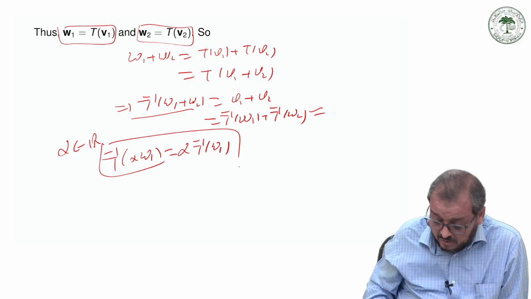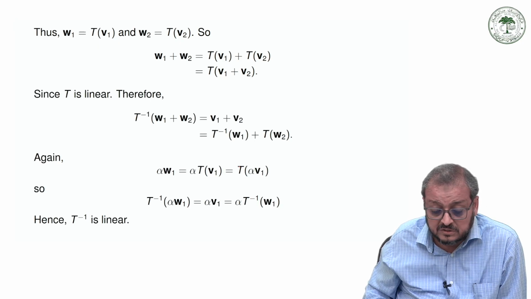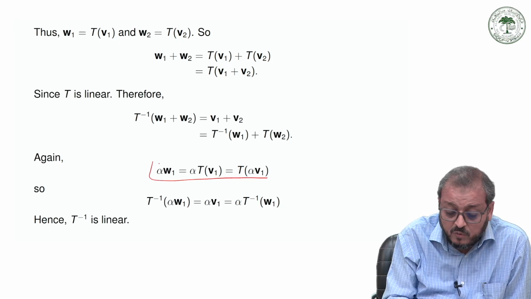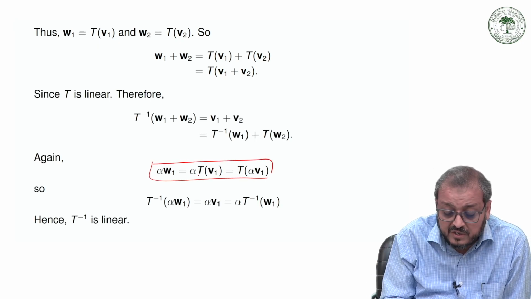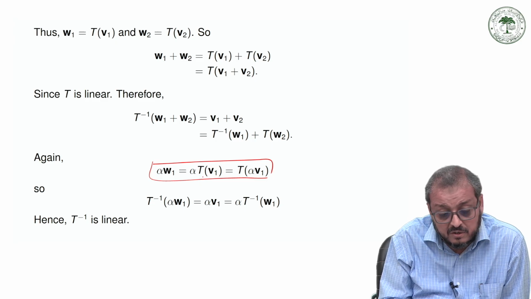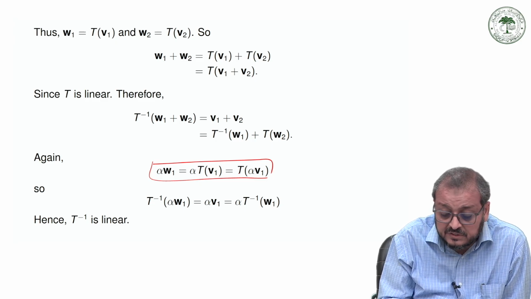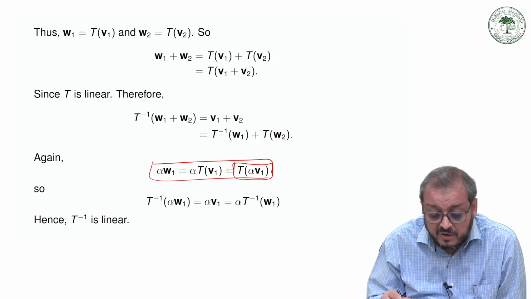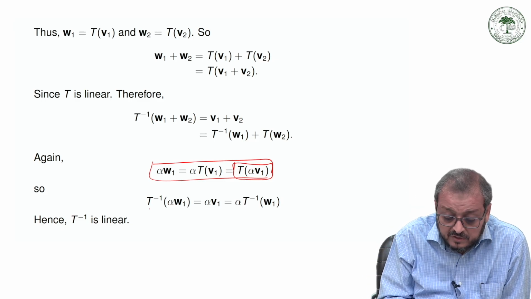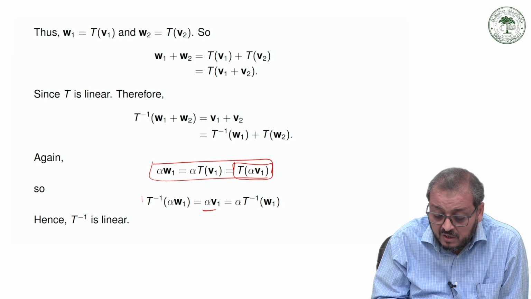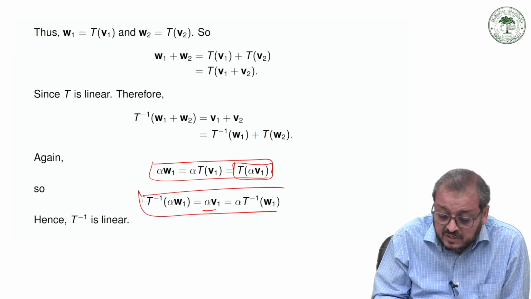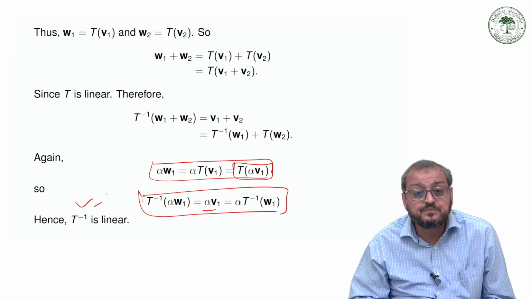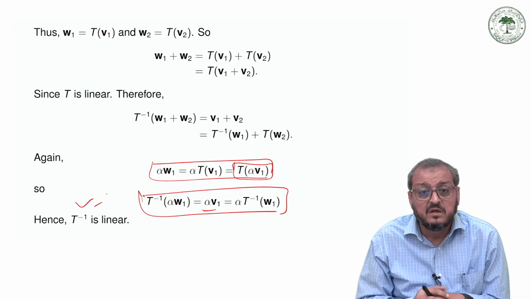Next we have to show this one. So alpha times w1 is equal to alpha times T of v1, and because T is linear, this can be written in the form T of alpha times v1. Now taking T inverse, this is equal to alpha times v1, and then it is equal to this. So clearly we can show that T inverse is a linear map.